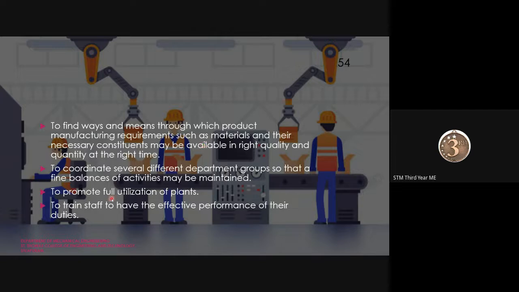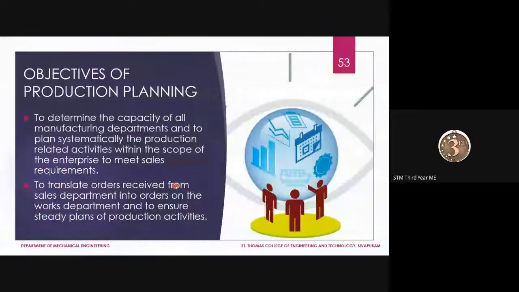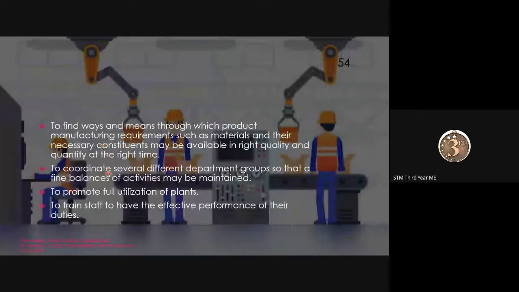And the fourth one is to coordinate several different department groups so that a fine balance of activities may be maintained. In the first point, depending on the sales, we determine the activities needed, and in the fourth point we are coordinating those activities across all the departments: which department must handle which job, and how they can collaborate without any delays.